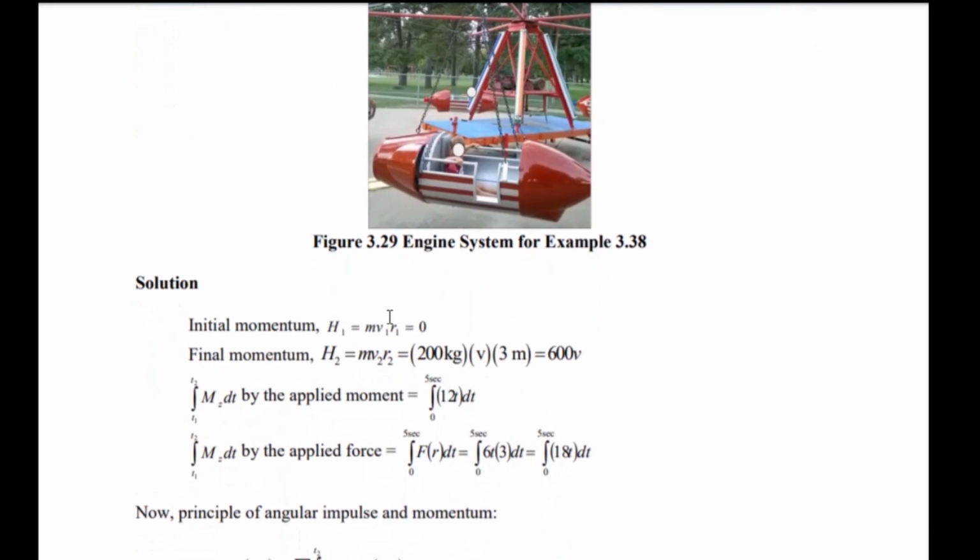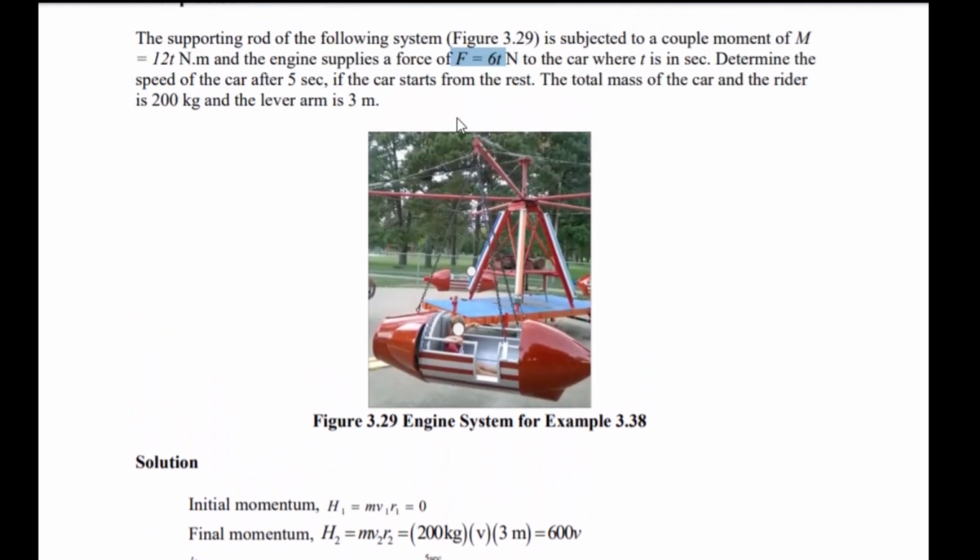So initial momentum m v1 r1 is 0, final momentum is m v2 r2, so m v r. This time my mass is 200 kilogram and the lever arm, that means the radius, is 3, so 600 v.